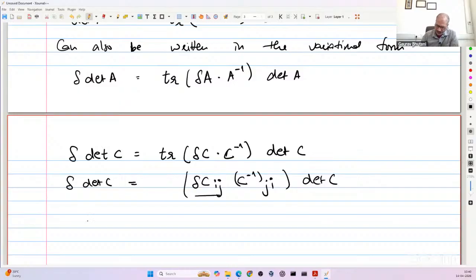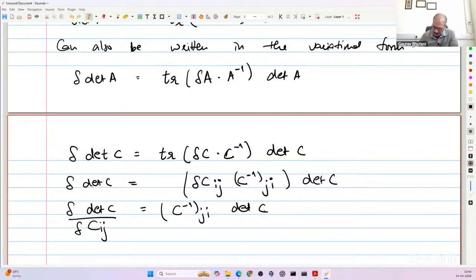Now what I'll do is move this to the left hand side. So this gives me partial determinant of C by partial Cij is C inverse Ji determinant of C. In fact, I and J are dummy indices, so for convenience, let's call them A and B. So I will be replaced by A, and J will be replaced by B. So this becomes BA, and now we're very close to what we had to show.